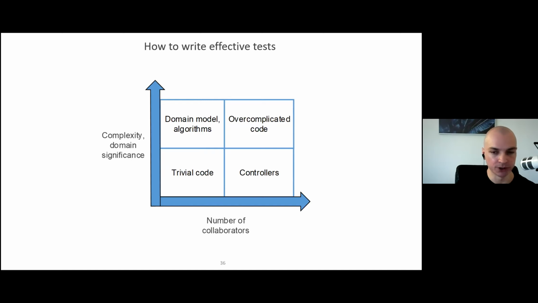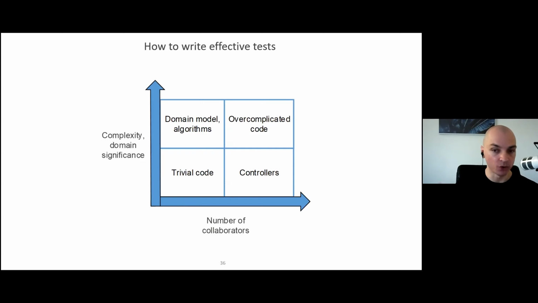Trivial code, you shouldn't test it at all because the resulting tests don't have enough value to justify their existence. So you just need to skip those tests altogether. And for controllers, you do need to test them, but you can do that with a much smaller set of integration tests. You don't need to test them that thoroughly.